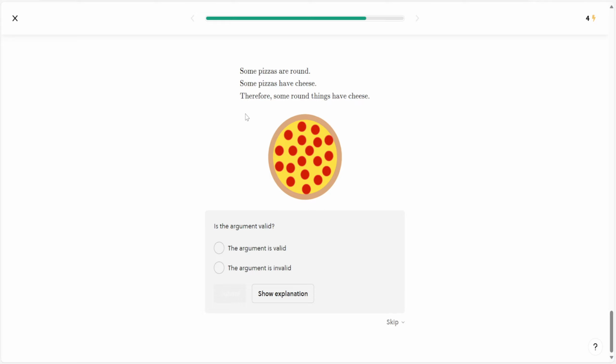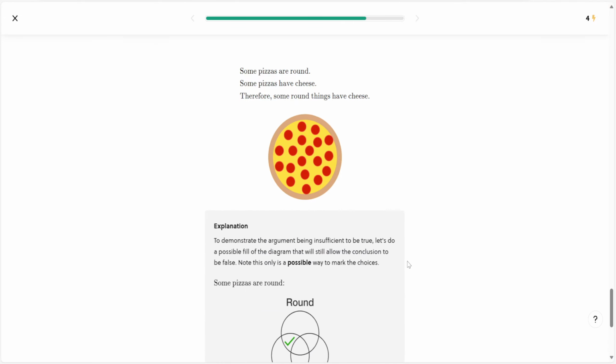They might not interlock. Yeah, I think it's invalid because of the some. Let's see the explanation.